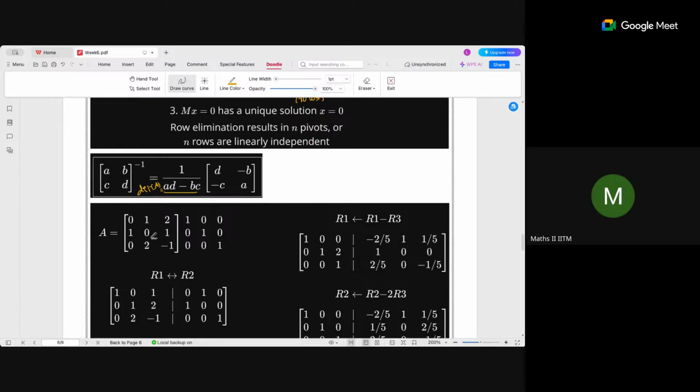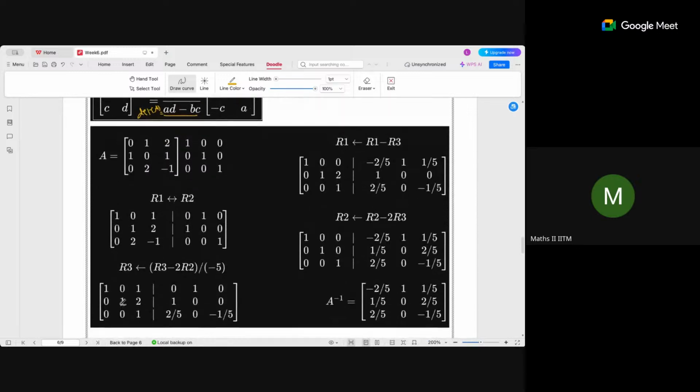Let's start with this matrix. First row operation: I want to bring this one here, so I'm flipping row 1 with row 2. You see this entire row gets shifted to the first place and the first row moves to the second place.